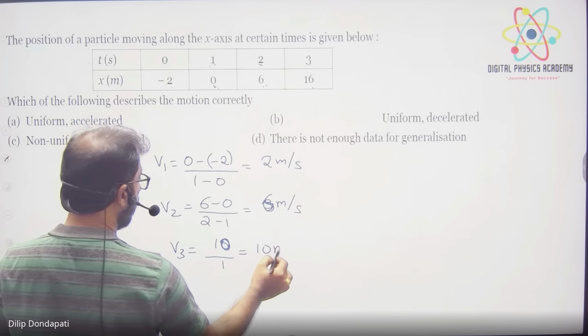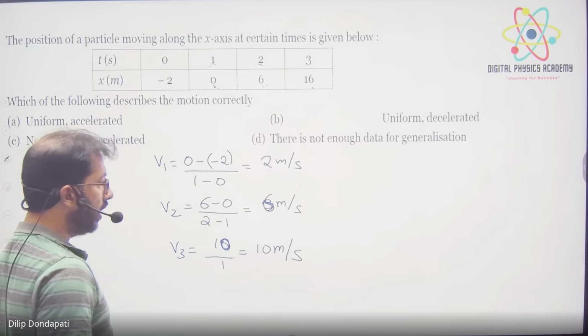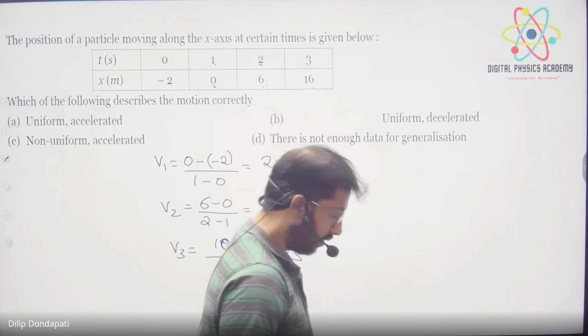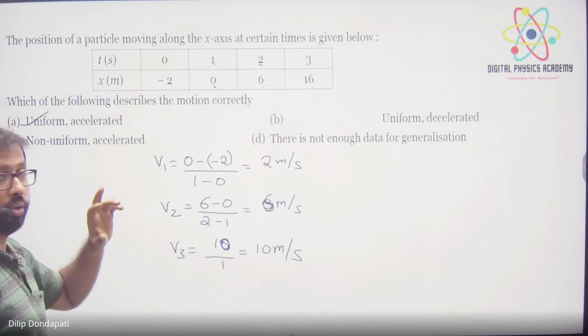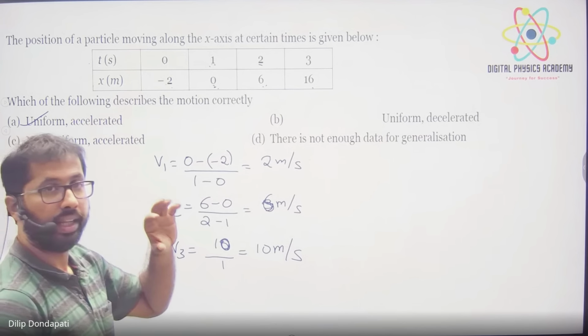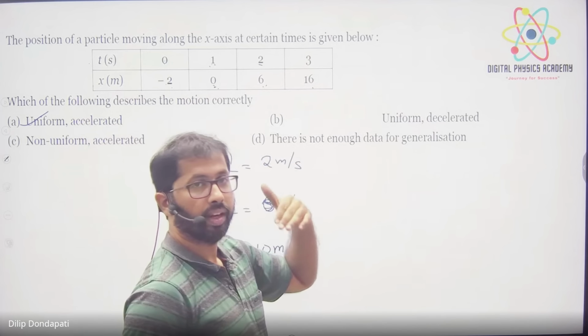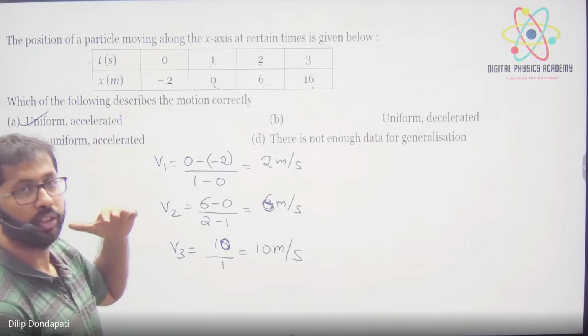Now tell me, is the velocity increasing or decreasing? Increasing. It's accelerated and not uniform motion. So we should see the data and analyze. And we have to find the slope.